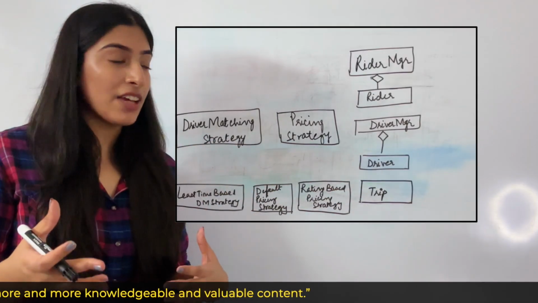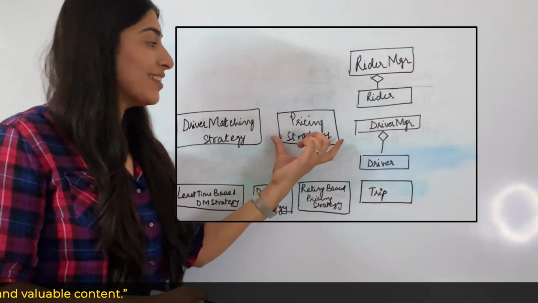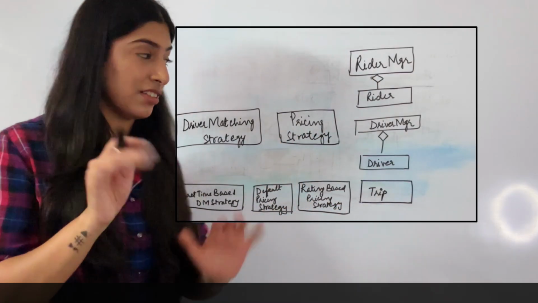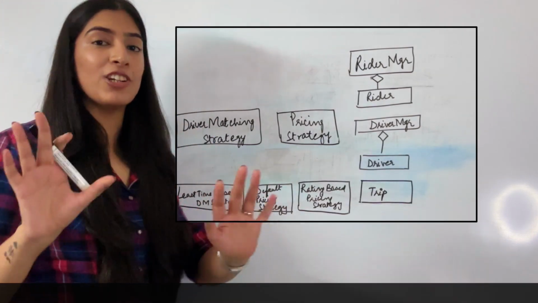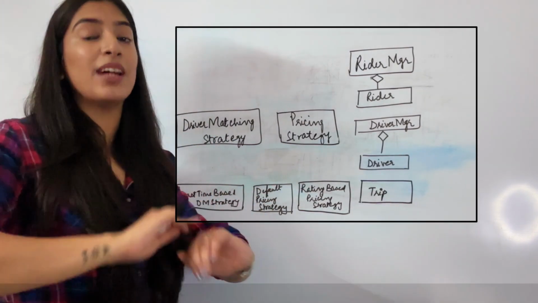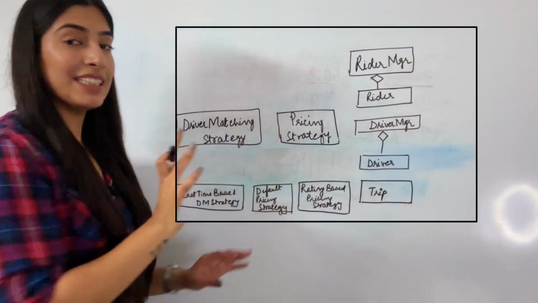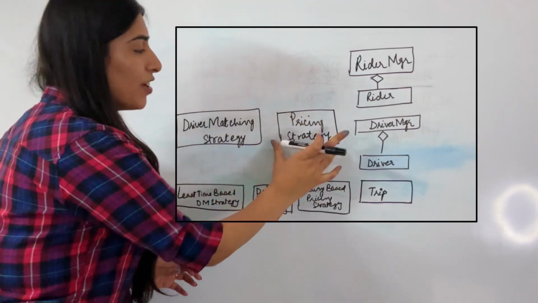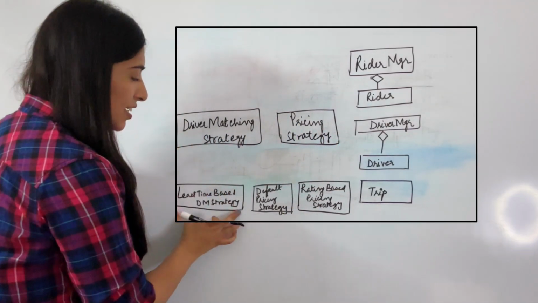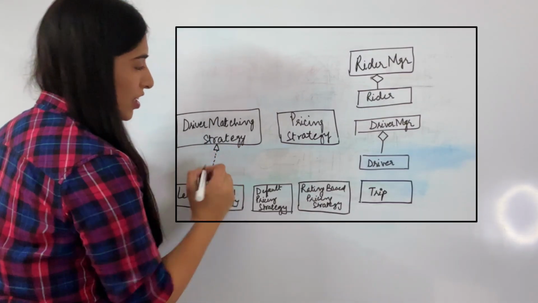And as you must have guessed by now, the calculate price function is going to be there in this pricing strategy, and these classes are going to implement it. It's okay if you're not understanding, it will get clear. You're going to see the code also, you're going to see more of the diagram. Just be with me. So these two classes are interfaces and they have functions. This class is going to have the function match driver, and least time based strategy is going to implement that function.